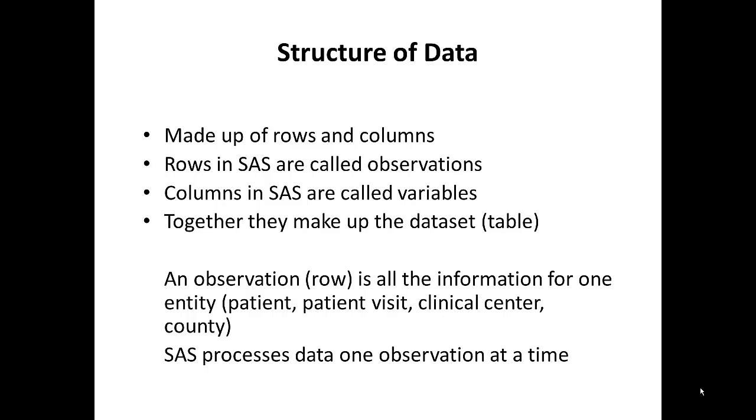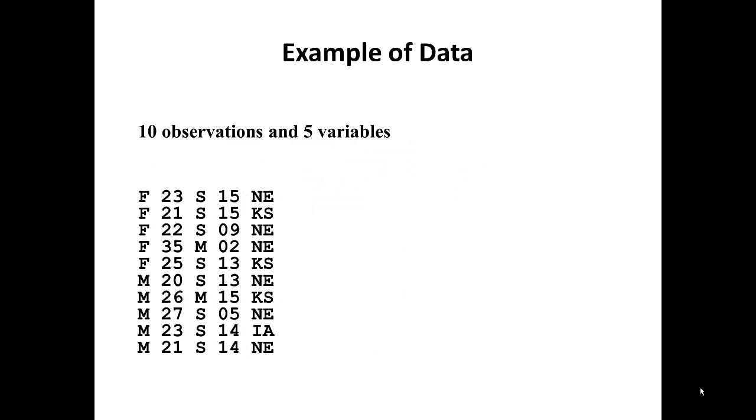An observation is all the information for one entity, for one patient or one patient visit, or one clinical center or one county. SAS processes data one observation at a time. This will become important as we study the data step. Here is an example of a data set.